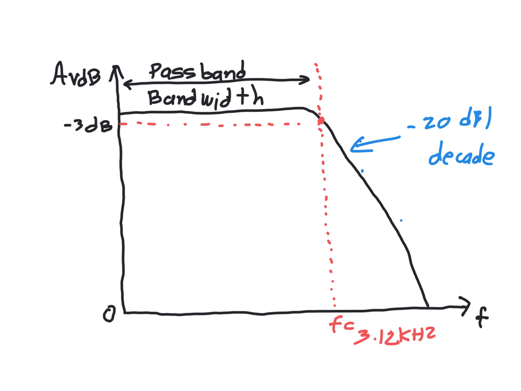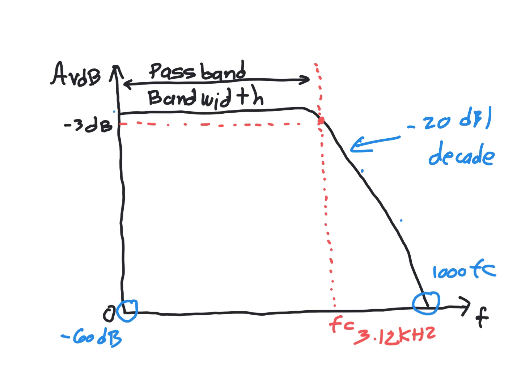Again, for a single resistor capacitor filter, then at this point here, this is at 1,000 times FC, and this point right here, for the gain, this would be down at minus 60 dB.